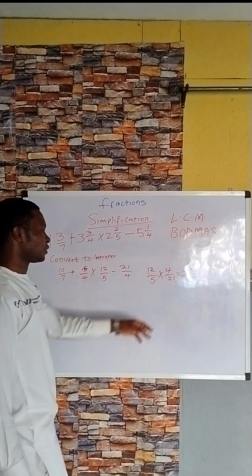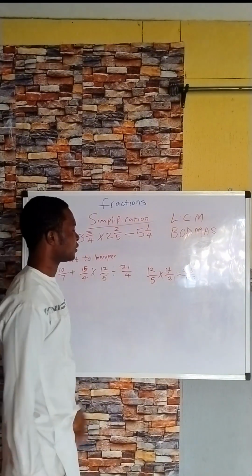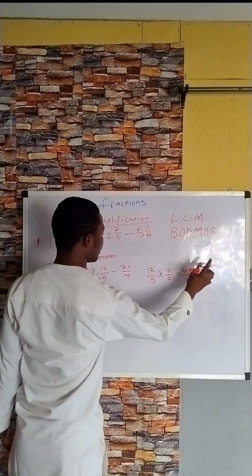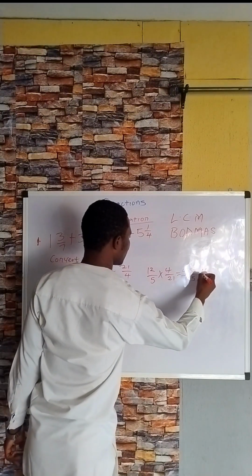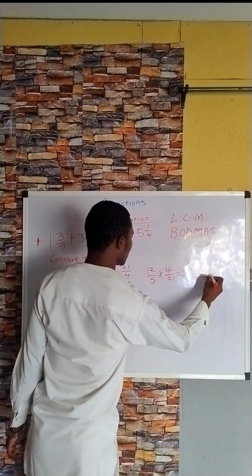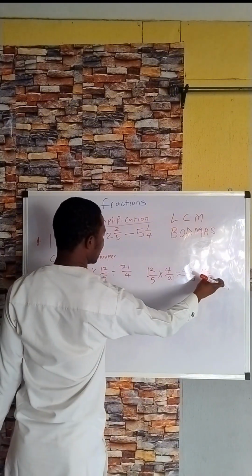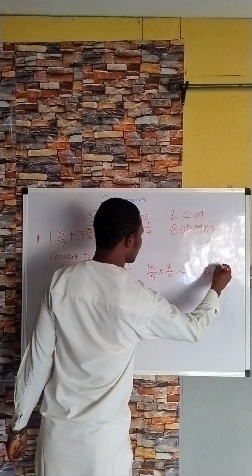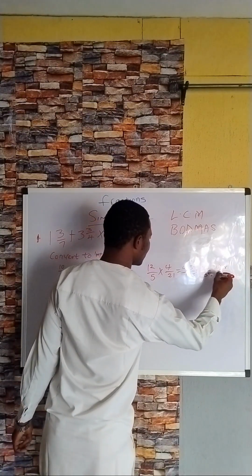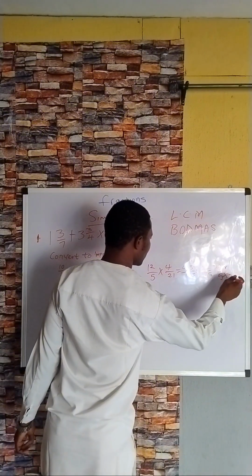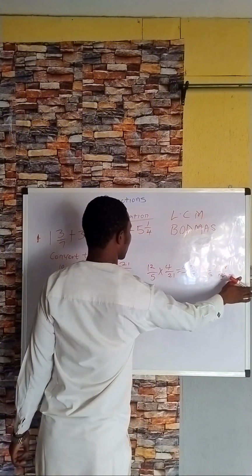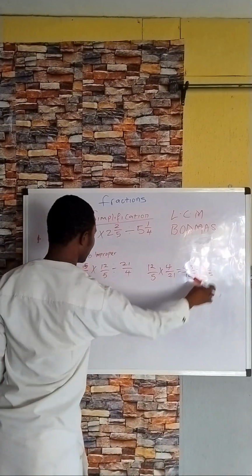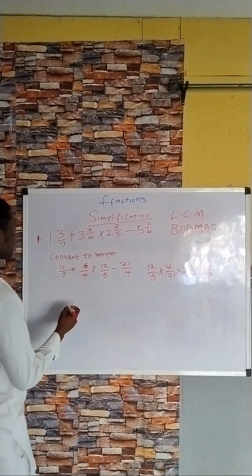So this can be further divided. 3 can go here and 3 can go here. 3 here will give you 16 and 3 here will give you 35. This can no longer be divided. The factors of this are 2 and 8, and the factors of this are 5 and 7. So none of them can cancel. So let's take this as our final answer. Let's bring it over here.